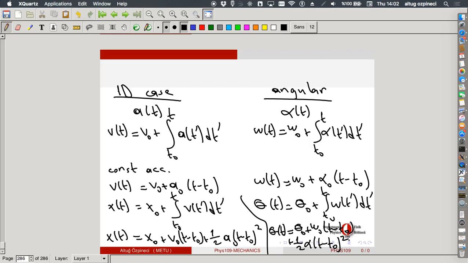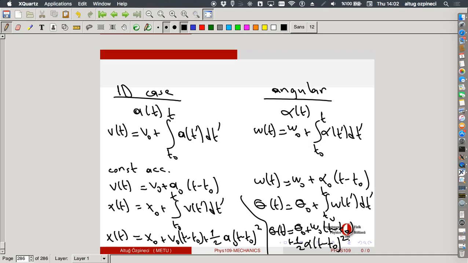So the expressions up to this point are at least analogous, and this will continue all the way. The mathematical expressions we have in the one-dimensional case will be almost identical to the mathematical expressions we have in the rotation case. Of course, you have to make the analogous replacements.